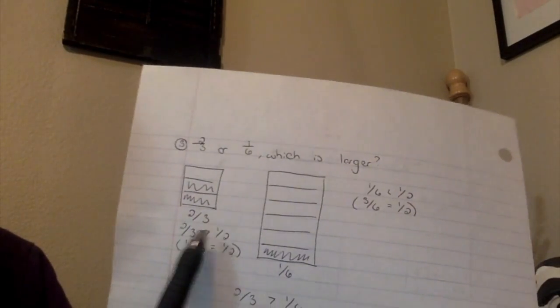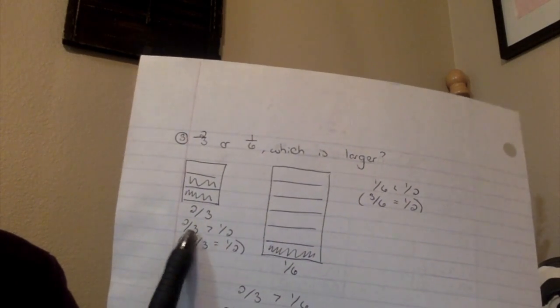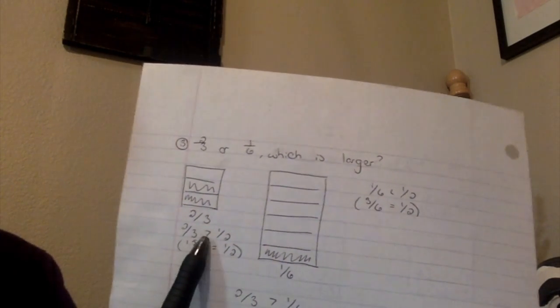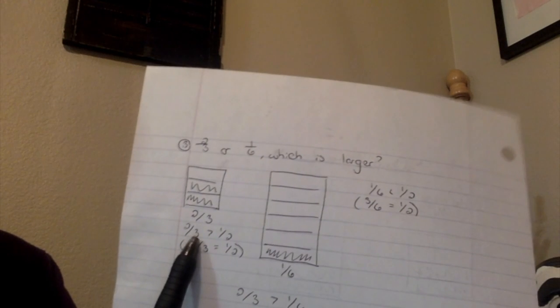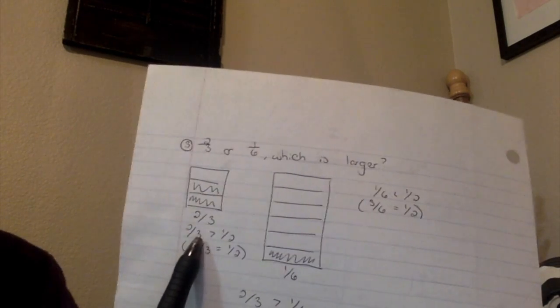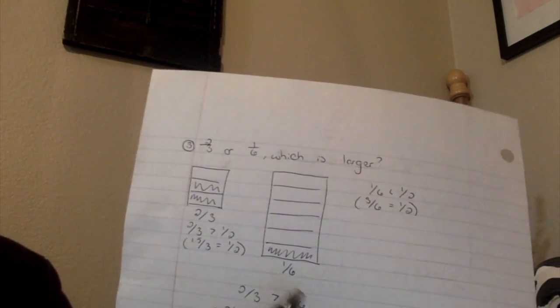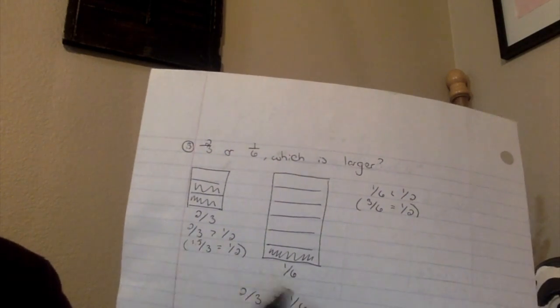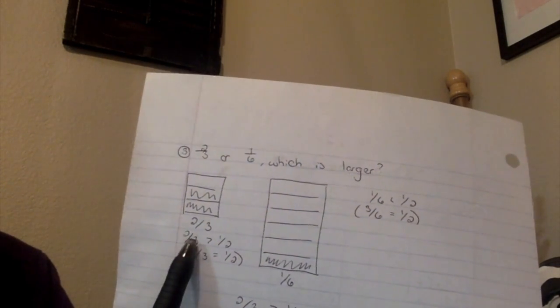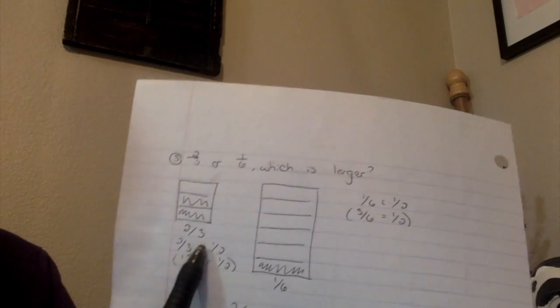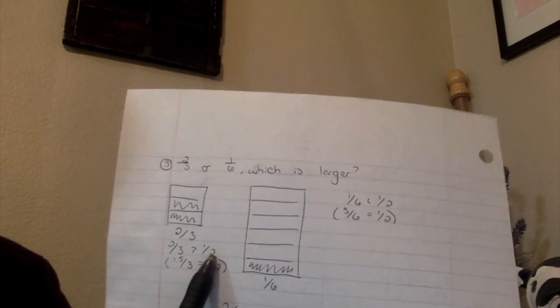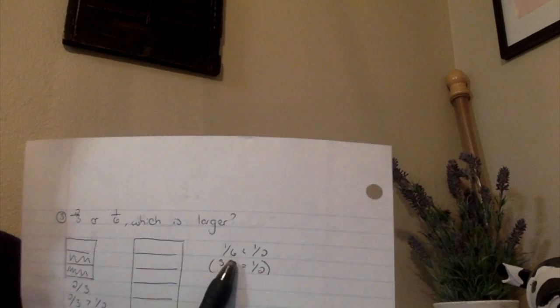So 2/3. Well, 2/3 is larger than the halfway point. And I know this because I ask myself, what is half of 3? Well, 1 1/2 is half of 3. 2 is larger than 1 1/2, so therefore 2/3 is larger than 1/2. If I go to 1/6, the halfway point in 1/6, I ask myself, what is half of 6?